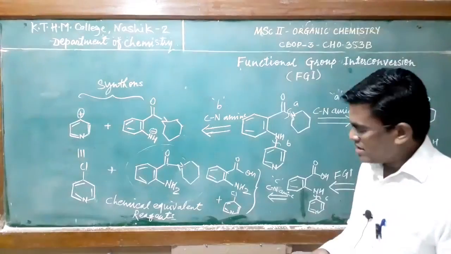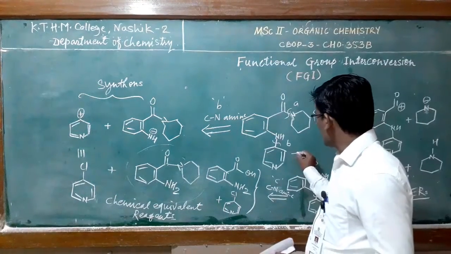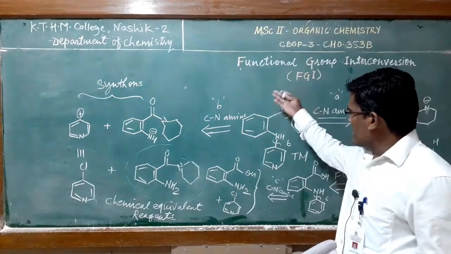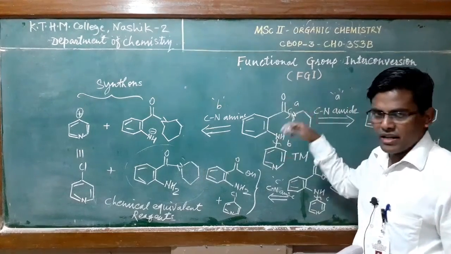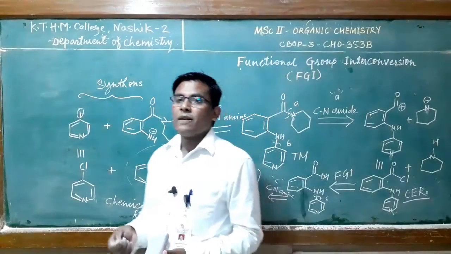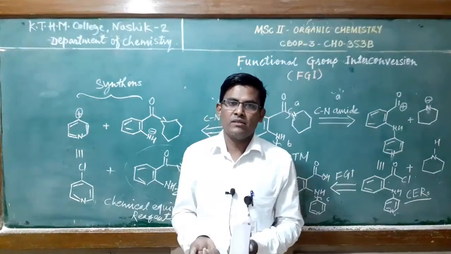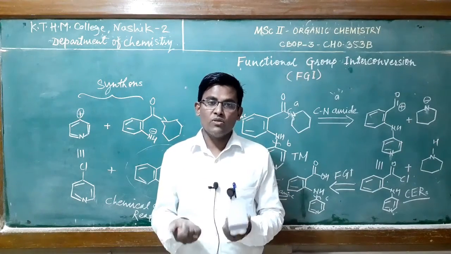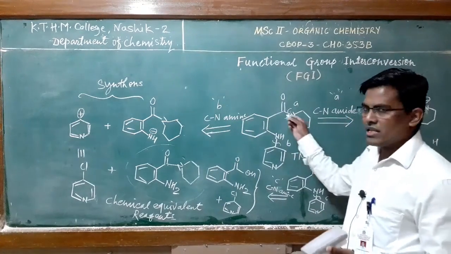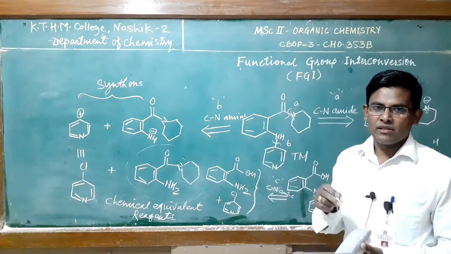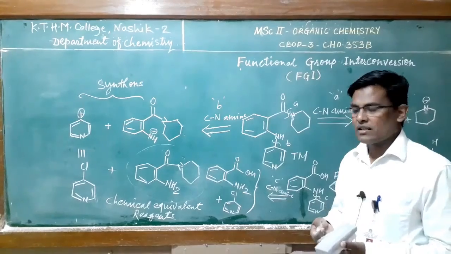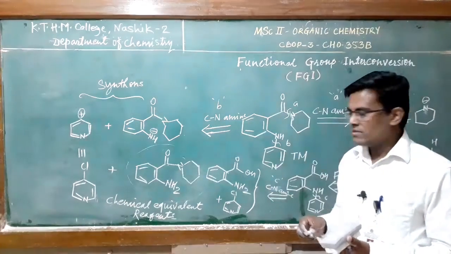When we look at this target molecule, first of all we have seen the functional groups present in it, and then we checked whether these functional groups are met by a reliable known reaction or not. Second, we checked whether this target molecule has a heteroatom or not. If it does, we try to disconnect the bond next to the heteroatom.